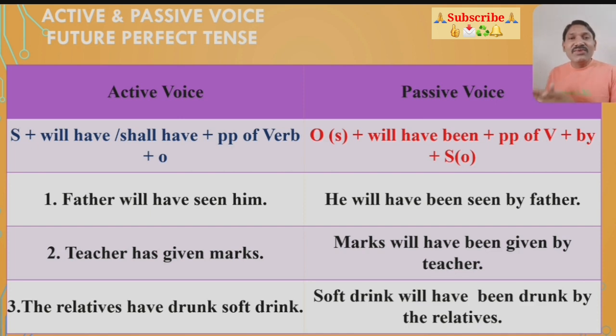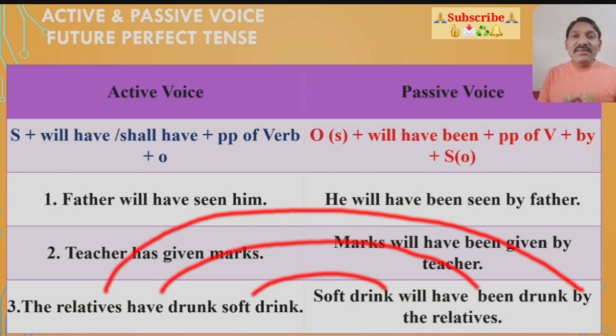Here the relatives are subject, have drunk is a verb, and soft drinks are object. Now we have to switch the role. Soft drinks will have been drunk by the relatives. Now in this sentence, soft drinks becomes subject and the relatives become object.